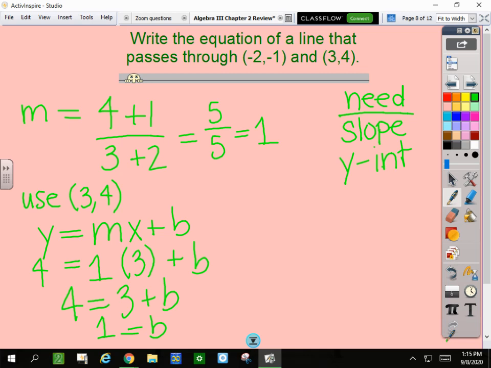Once we had the slope, we used one of the points to plug into slope-intercept form with that slope we just found to then find the y-intercept. So now we have the slope and the y-intercept. So the equation is y equals 1x plus 1, or just x plus 1, even better.